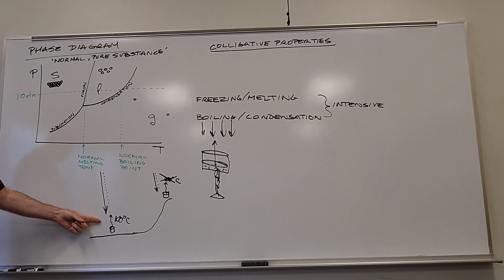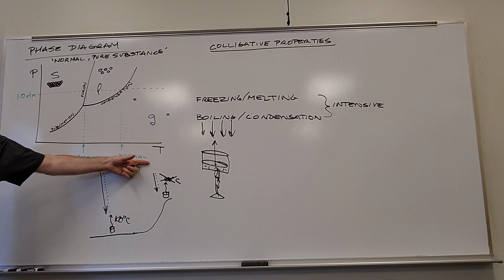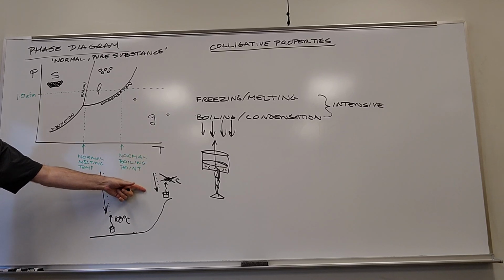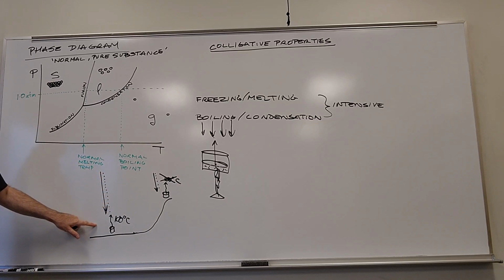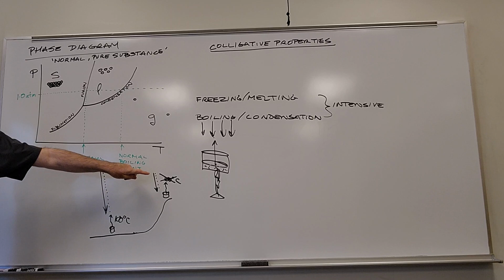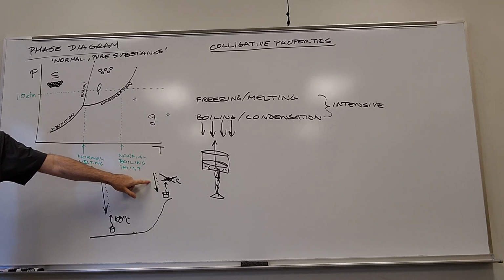All of those particles down at the coast are not represented when I'm up in the mountains. So atmospheric pressure is lower at altitude than it is at sea level. So it's easier to boil. Less resistance, less resistance to boiling.